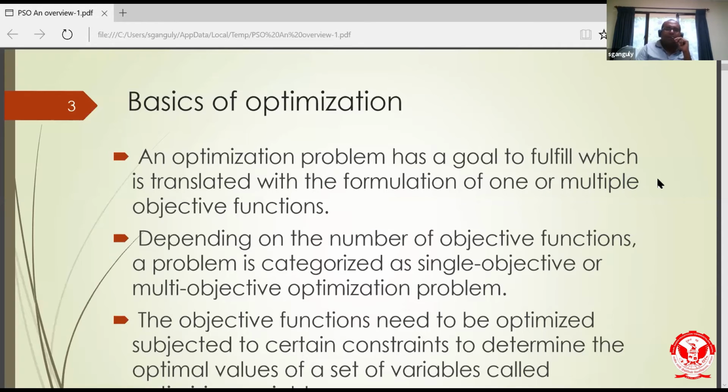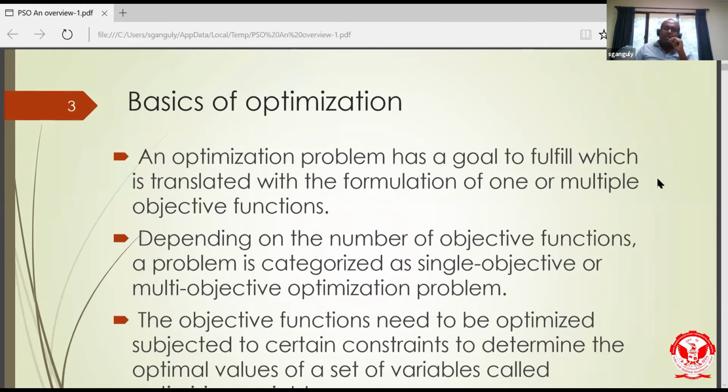An optimization problem has either a single goal or multiple goals, which are translated into the formulation of one or multiple objective functions. These objective functions we either minimize or maximize, or it may so happen that one objective you minimize and another you maximize, and so on.